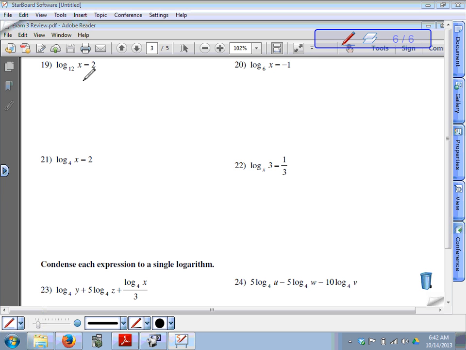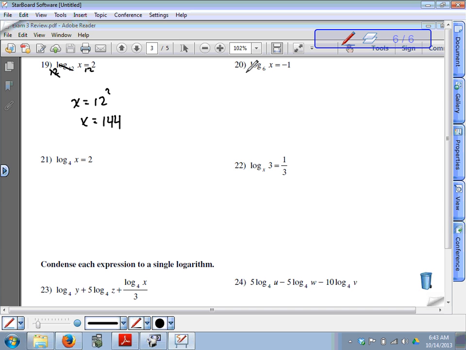Okay, number 19, it says use properties of logarithms to solve. What that means is just rewrite these in exponential form. If we want to get rid of a log base 12, we use a base of 12 on both sides. Those are gone. X equals 12 squared, which means x equals 144.